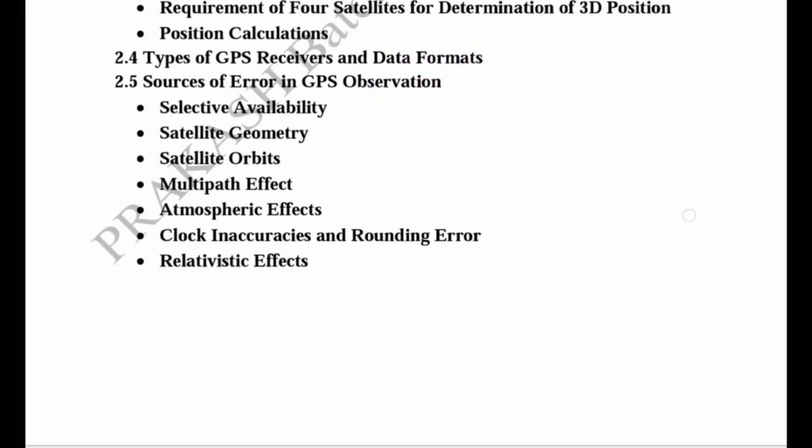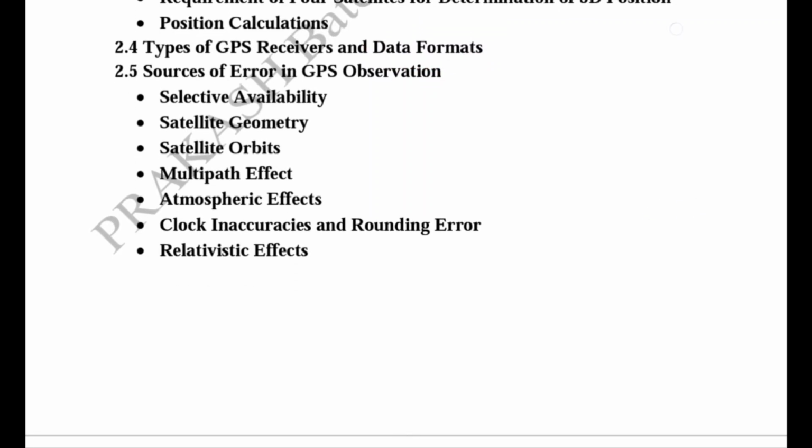After that, as we studied in the previous lecture, we will cover the sources of error in the GPS or GNSS system. We will explain each type of error source that reduces our accuracy in position calculation. What are the sources of error? As we know, selective availability, which we will brief in this unit.